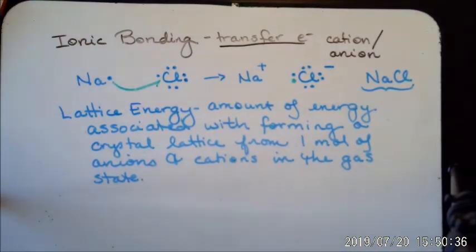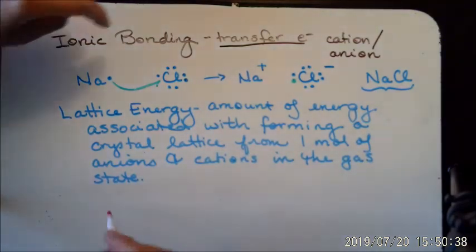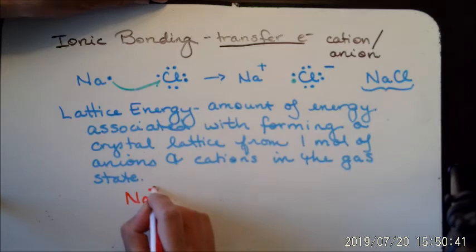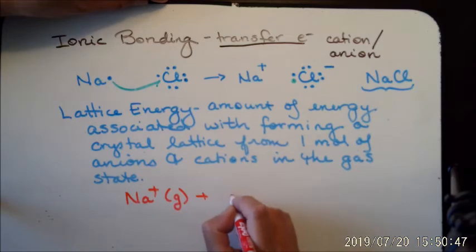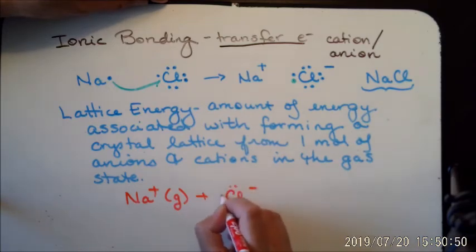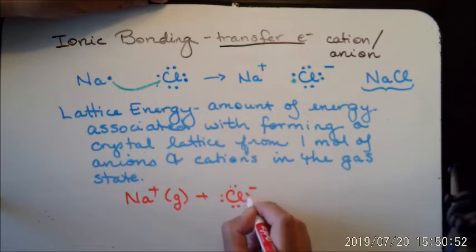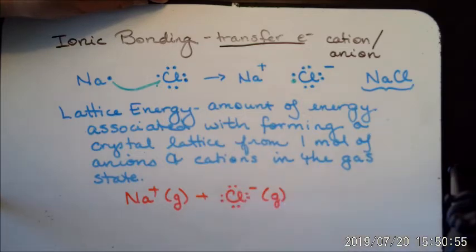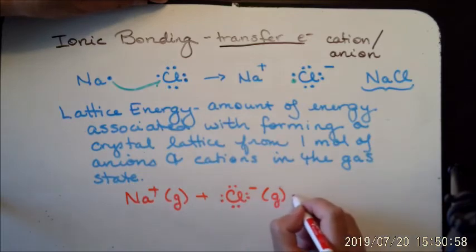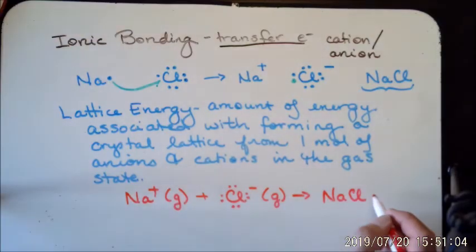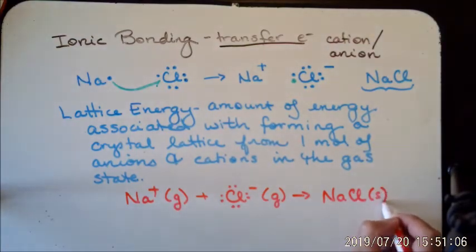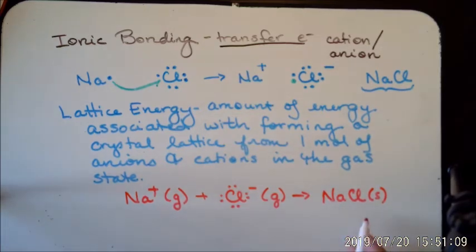But here what we're saying is that when I take my sodium ion in the gas state, plus my chloride ion, that too is in the gas state, right? 1 mole of each. When I form my sodium chloride, my crystal lattice, so that's going to be in the solid state, the amount of energy associated with this for 1 mole of my cation and anion is my lattice energy.